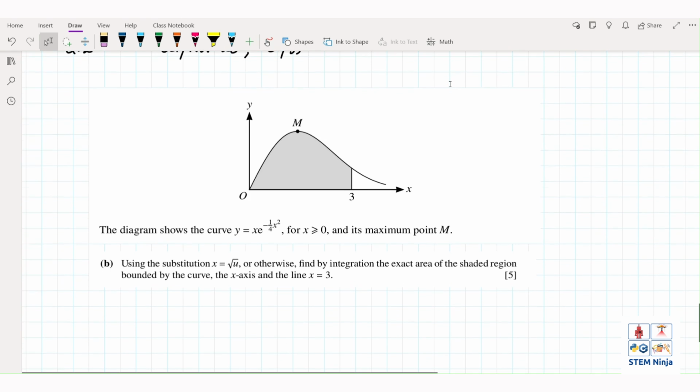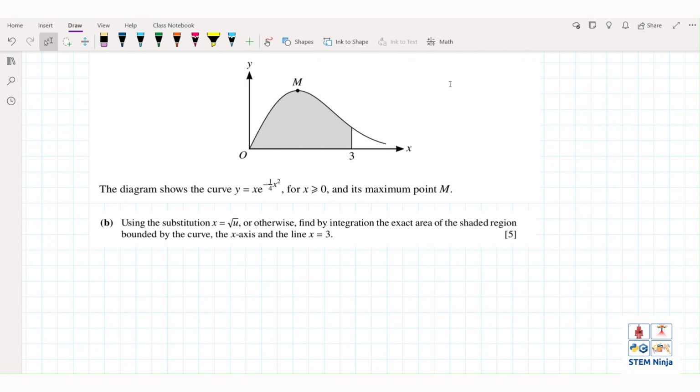Okay, so basically what we simply want to do is that the area under this curve will be equal to the integral between 0 and 3 of x e raised to power minus 1 over 4 x squared dx.